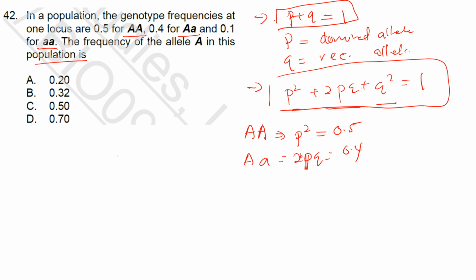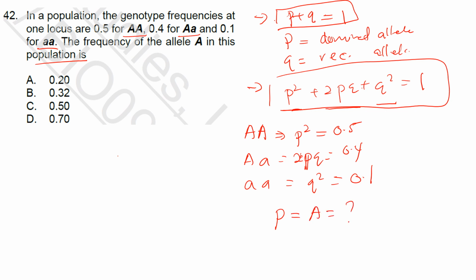Okay, the frequency of homozygous recessive, which is aa, which is Q squared equals to 0.1. Okay, the question asks you the frequency of the allele A in this population would be, okay. So the question asks you for the value of P actually. P, the frequency of the dominant allele, which is A.